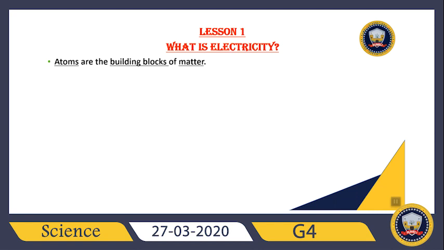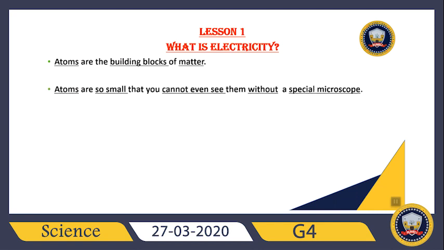Actually, the atom is so small that you cannot see it with your naked eye, and not even with any kind of microscope, only a special kind of microscope made for seeing atoms.